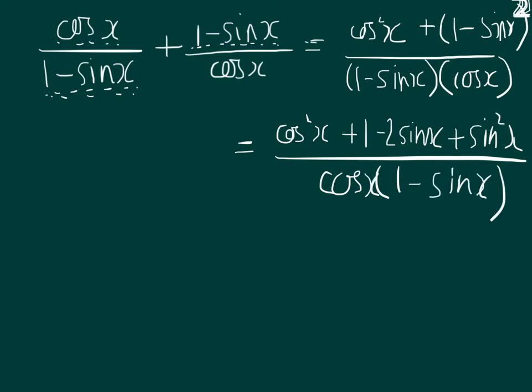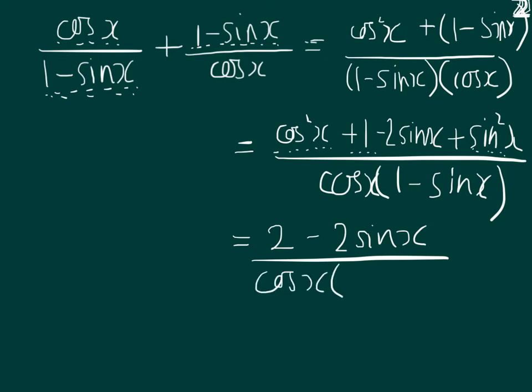Now, nice thing from C2: we've got cos squared x plus sine squared x, and that is going to give us 1, and then we've got another one there, so we've now got 2 minus 2 sine x over cos x times 1 take sine x.